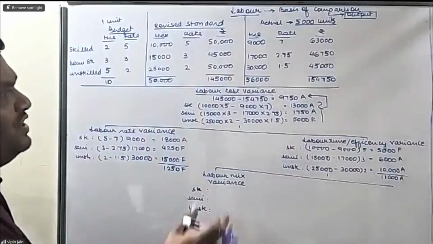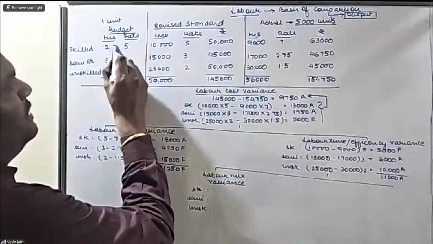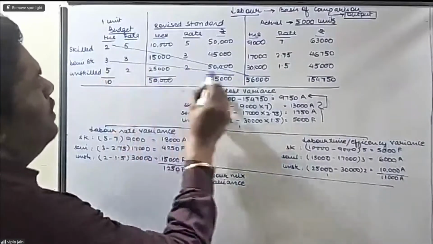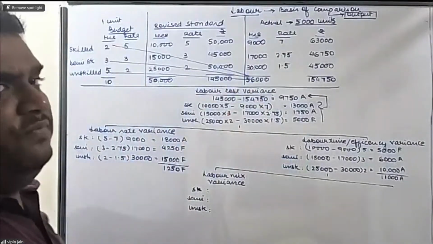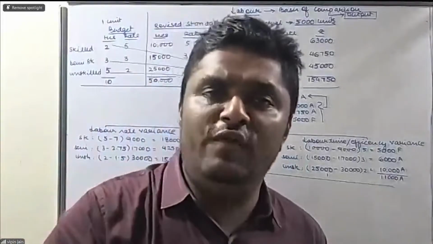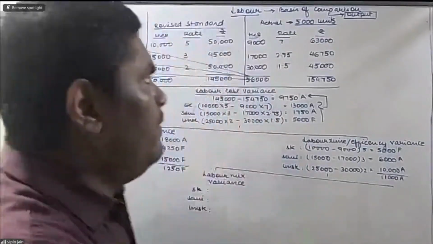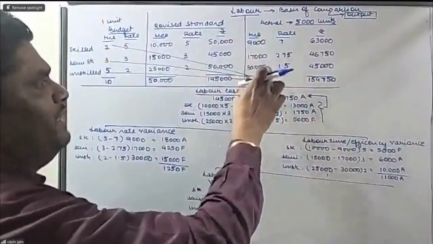So, what should the mix have been? Very simple. 56,000 should be in the ratio of 2:3:5. This should be my mix. However, my actual mix is 9:17:30.